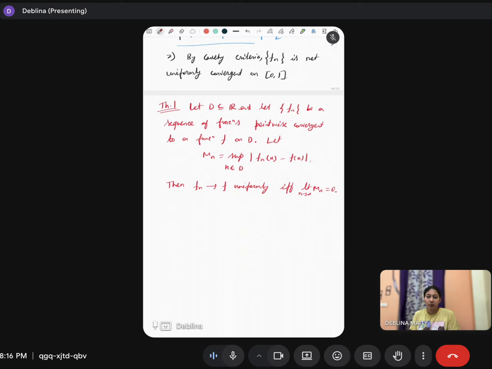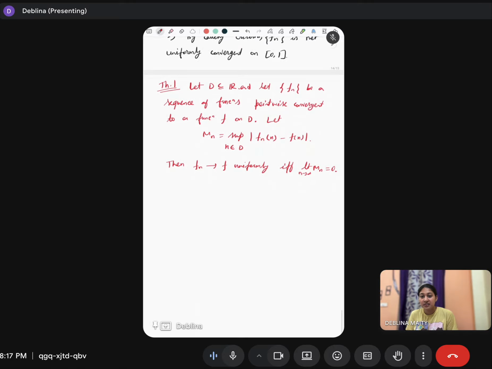This is an if and only if condition. If the limit of Mn goes to 0, then fn converges to f uniformly. For the time being I am not proving this theorem. You can find the proof in any book of real analysis.